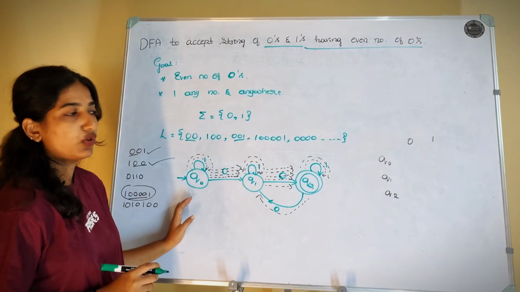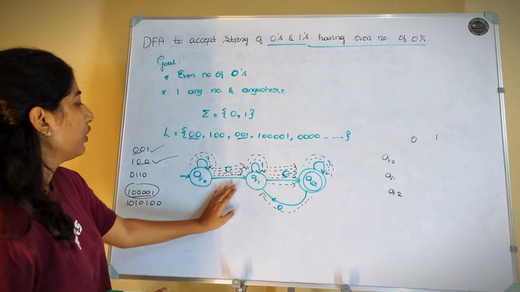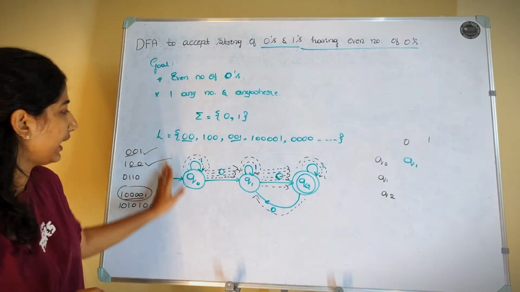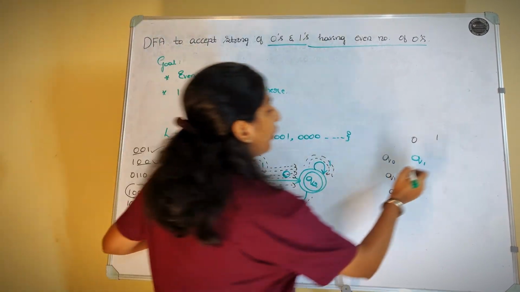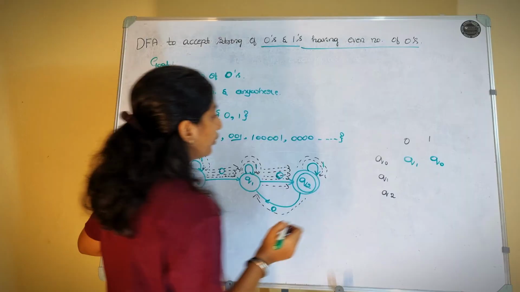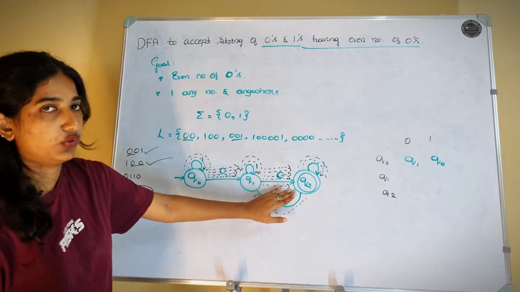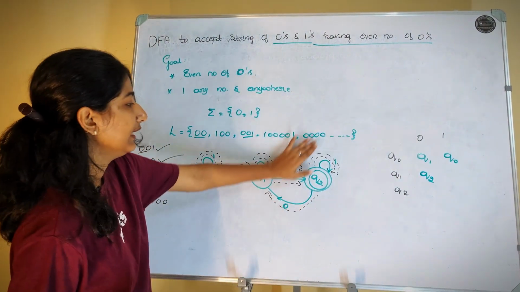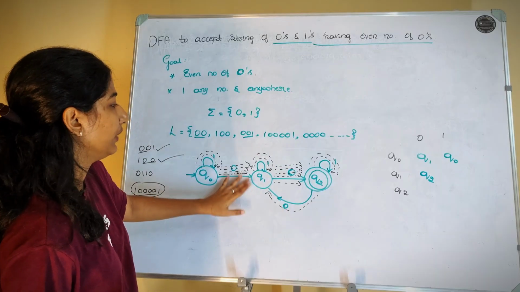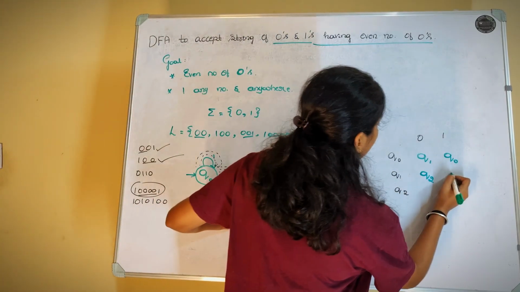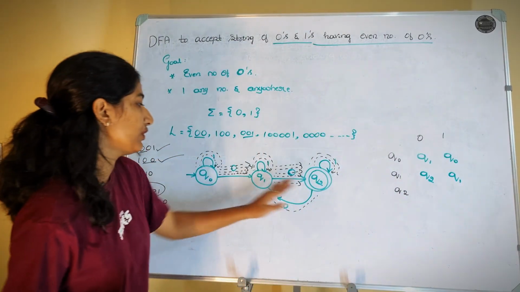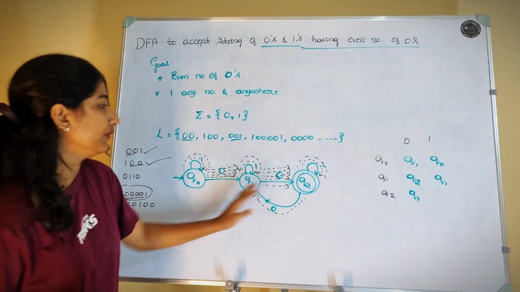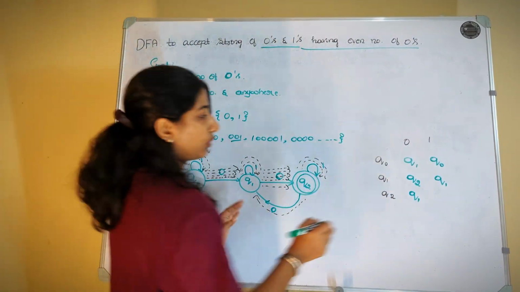Okay. So now let us write the transition table. The transition table goes like this. Q0 on 0 moving to Q1 and Q0 on 1, it will be there in state Q0 only, and Q1 on 0 moving to Q2 and Q1 on 1 it will be there in Q1 state only, and Q2 on 0 it is moving to Q1 and Q2 on 1 it will remain in state Q2 only.